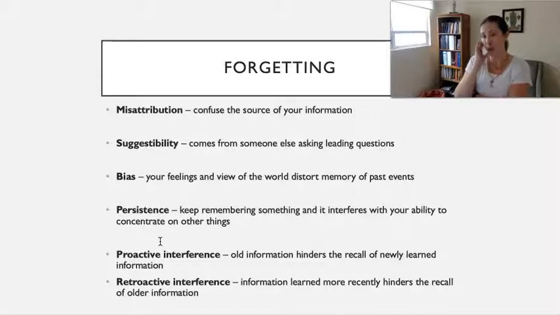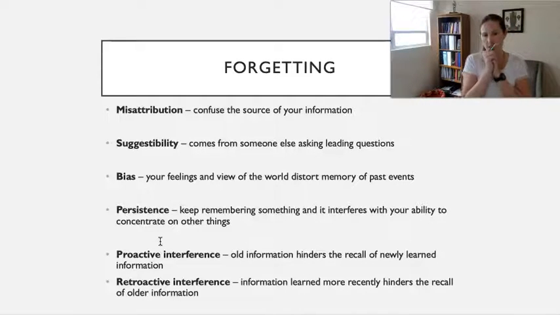For example, for proactive interference, I wear a watch. And if I forget to wear my watch one day, I'm still always looking at my wrist to see the time, even though it's not there. That new information, you're not wearing a watch today, is affected by that old information of I always wear a watch, and so I'm going to keep looking at my watch.